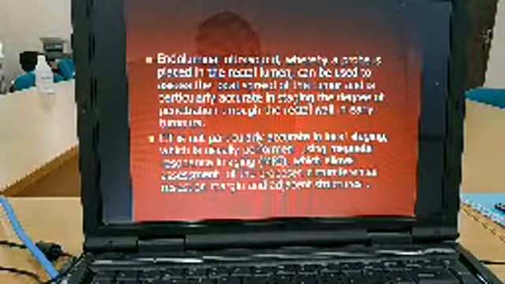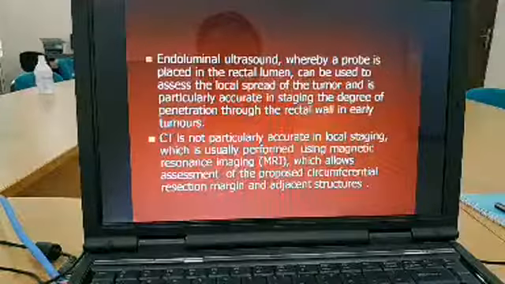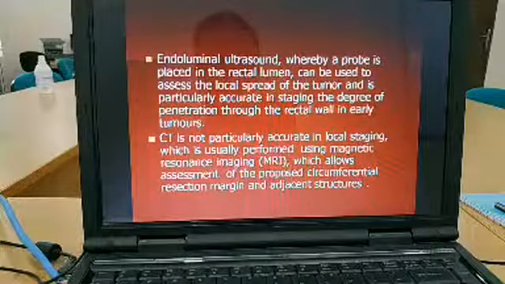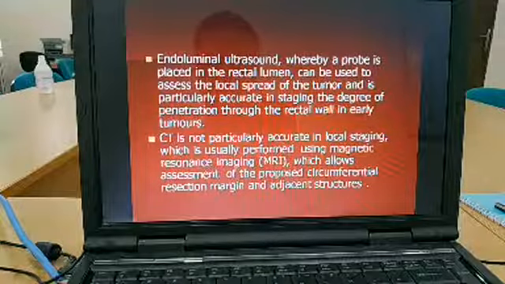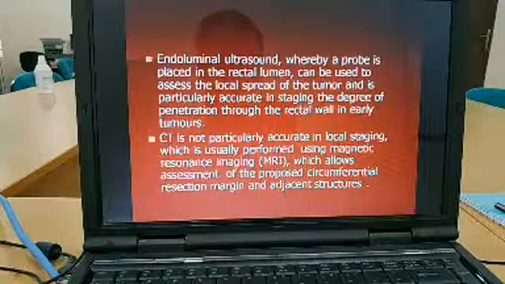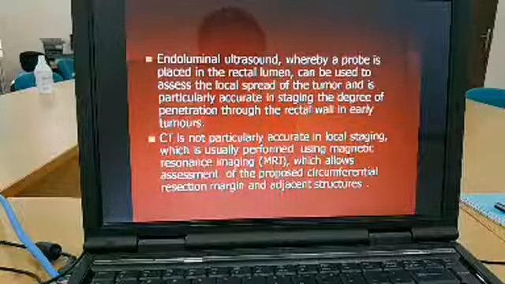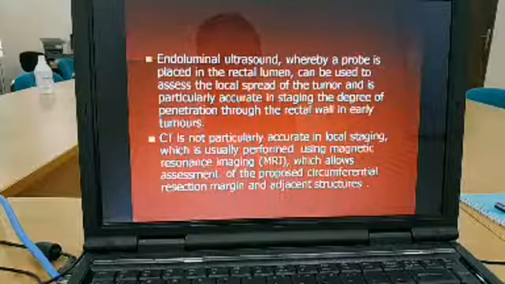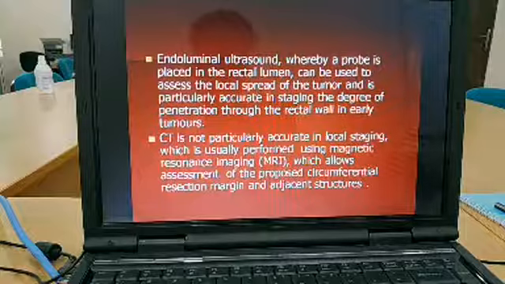Either by doing a CT scan or MRI, we will see the circumferential growth. That is, whether the tumor is situated in the wall, in the muscle, or invades the pararectal tissue, or how much it involves the mesorectum. That can be clearly determined by doing an MRI scan or a CT scan.